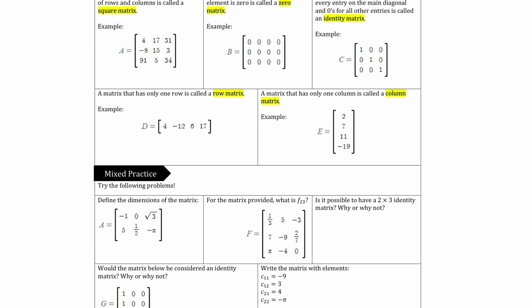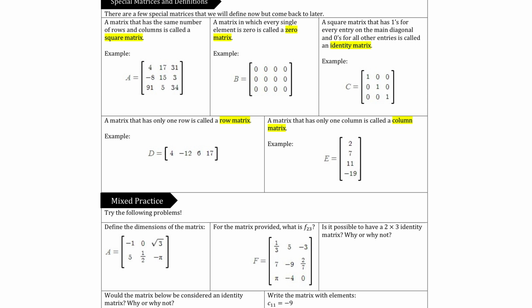In order to do some of the basics, we're going to talk about some of the traditional types of matrices. A square matrix is a matrix that has the same number of rows and columns: 3 by 3, 4 by 4, 5 by 5. A zero matrix is nothing more than a matrix that has all zeros.